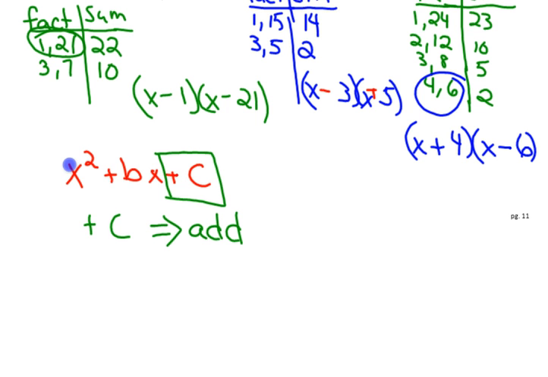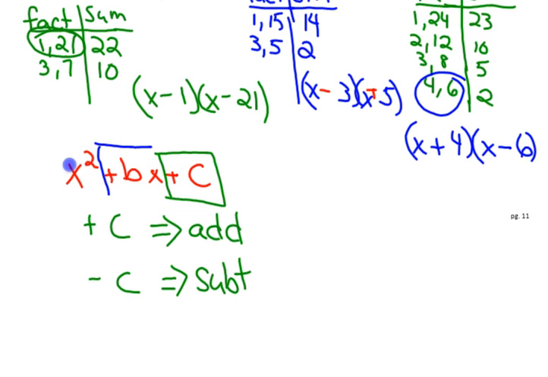You need a sum. If it says minus c, then they have to subtract. You need the difference. So if it says plus c, your factors add. Minus c, your factors subtract.